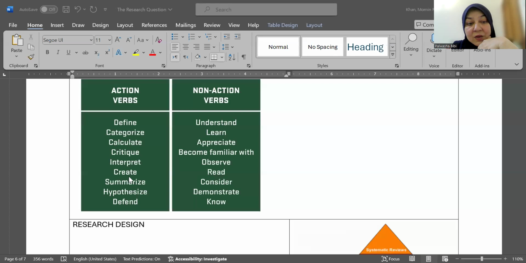So these are action verbs. These are non-action verbs. They're more subjective and unclear. They don't tell you what you want to do. These tell you how you want to proceed. What do you want to do in your research project?